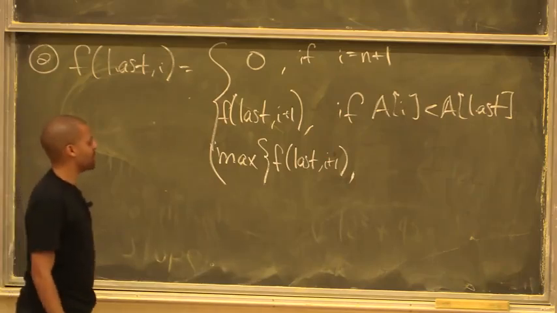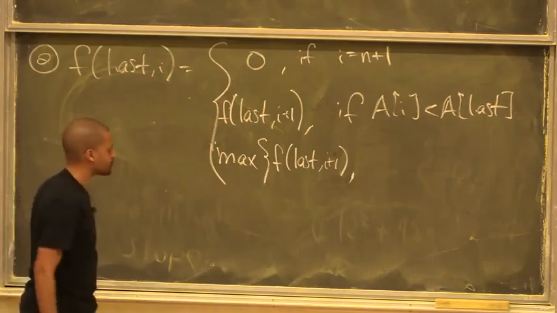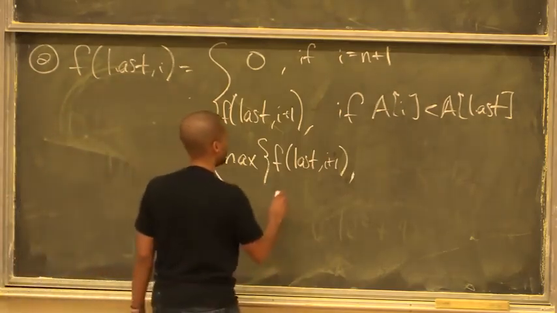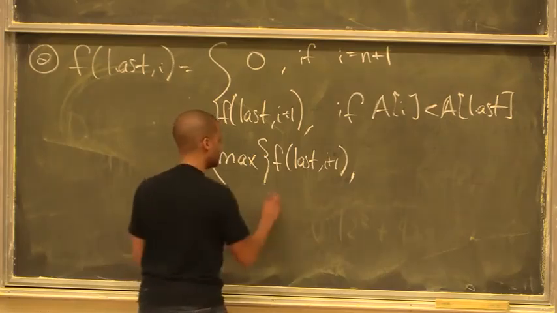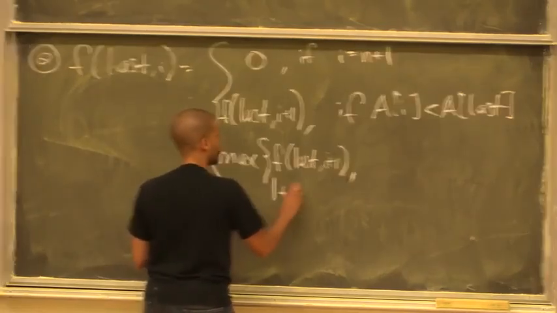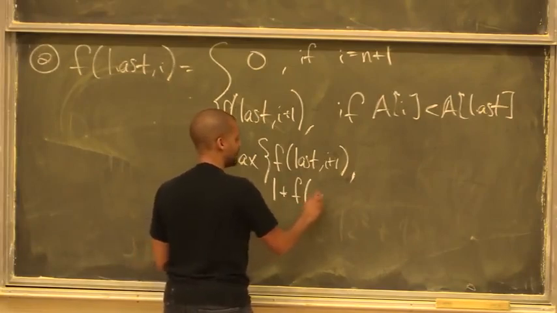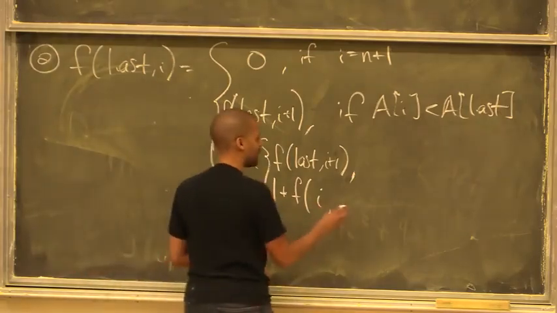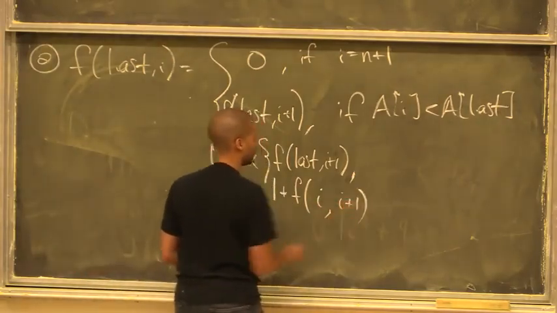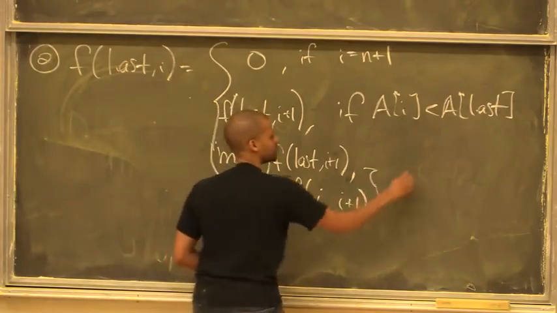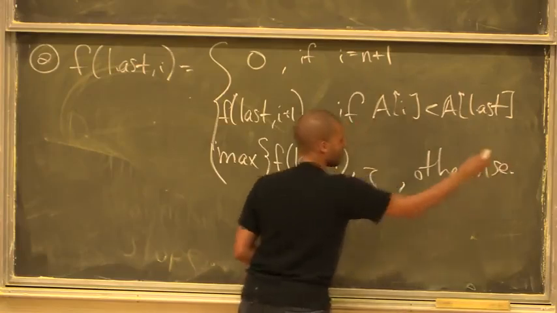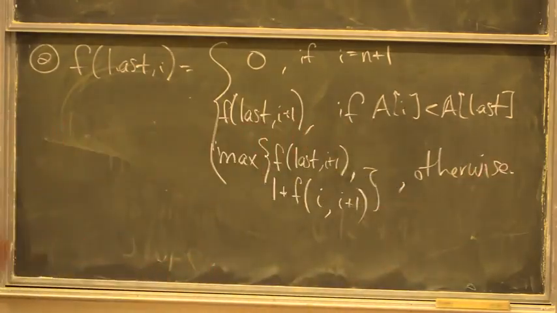And then the other option is that I do take it. And if I do take it, then my sequence got longer by 1. So 1 plus, and then now my last is i. The last thing I took is A[i]. And then from now on, I'm allowed to use things from i plus 1 onward. Does that make sense? Questions?